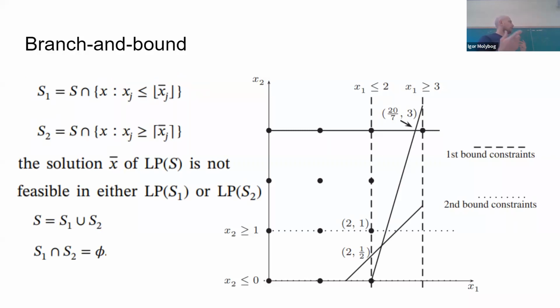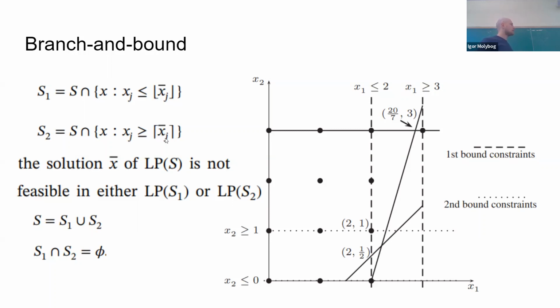In each of them you have added a constraint, but that constraint is different depending on which problem you're talking about. In the first case, you're adding a constraint xj less than or equal to the floor of xj bar, and in the second case, it's xj greater than or equal to the ceiling of xj bar.